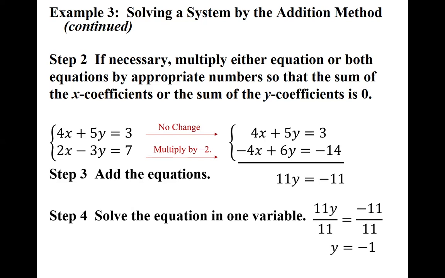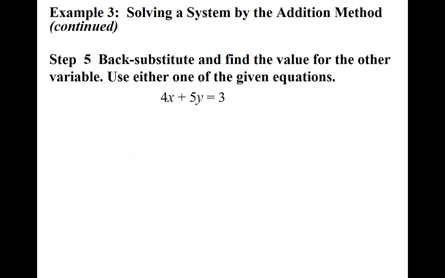We're going to take that y equals -1. We're going to back substitute it into one of the original equations. Here we have 4x plus 5y equals 3. Plugging in -1 for y, we get 4x minus 5 equals 3. Add 5 to both sides to get 4x equals 8.